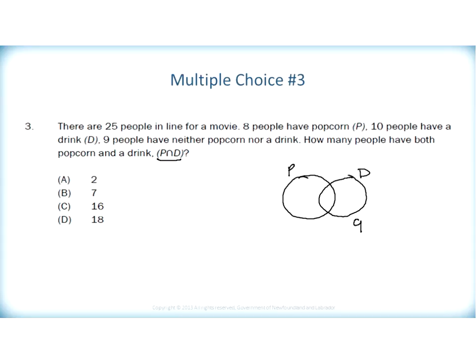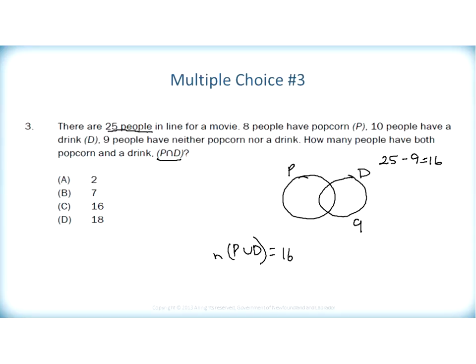So if there's 25 people in line for a movie, 25 subtract 9 would give us 16. That means that the union, P union D, the number of elements in P union D, is going to be 16.